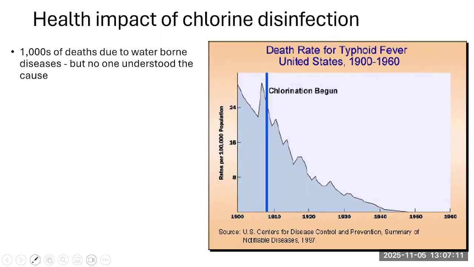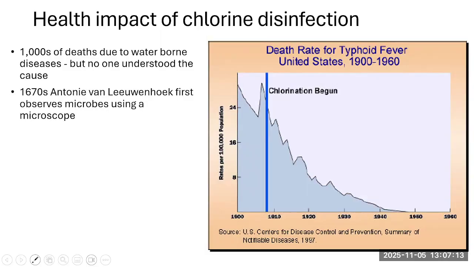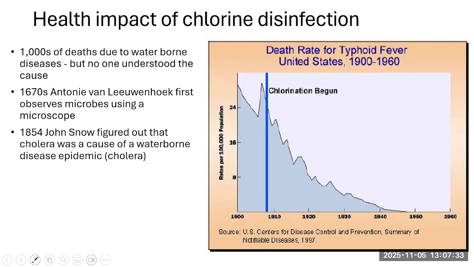We had thousands of deaths. And a lot of this was because of different things that we learned through time. In the 1670s was the first time that we were able to see microbes under a microscope. Before that, there was no reason to suspect that there were things that small.